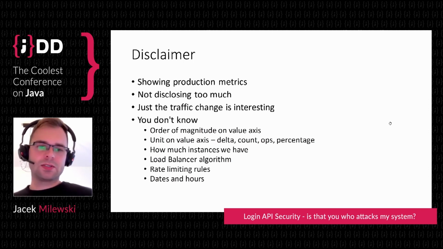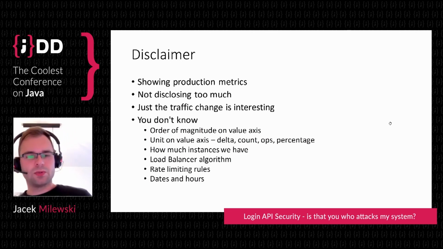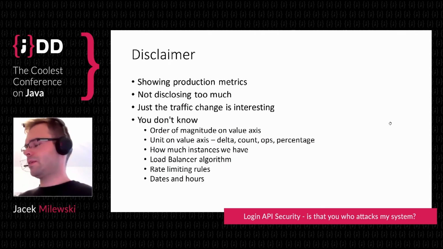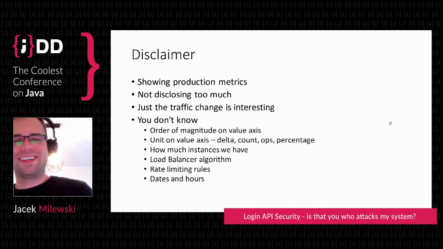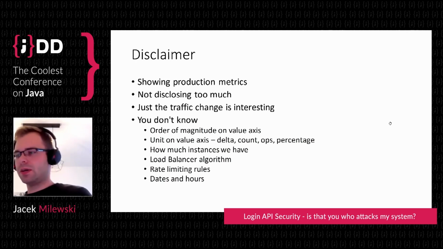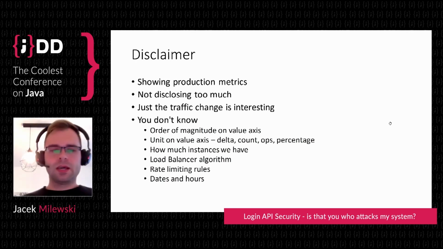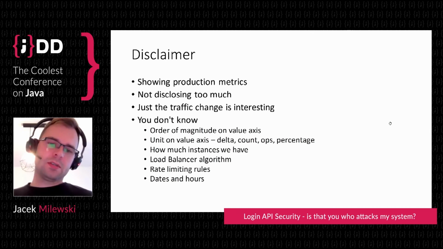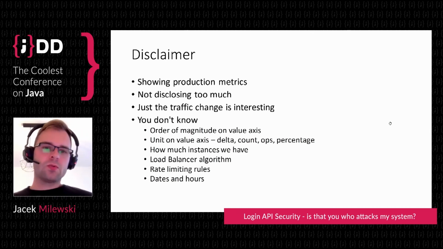We have more instances, and you don't know the load balancing between them. You also don't know the rate limiting rules, and the traffic presented is after the rate limiting was applied. In some cases you don't know when it happened.